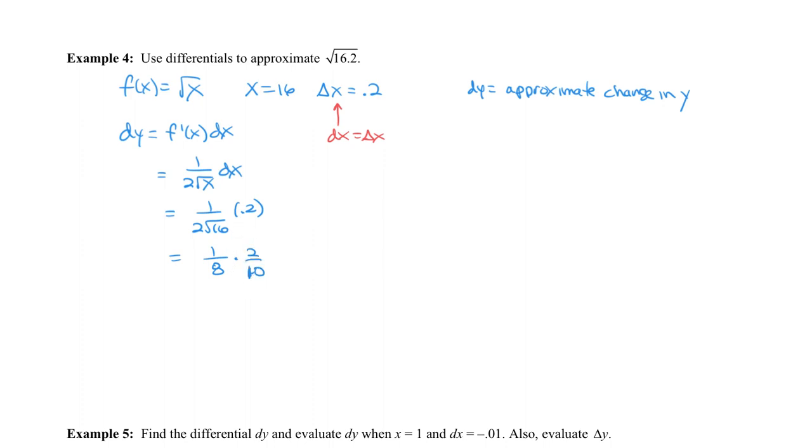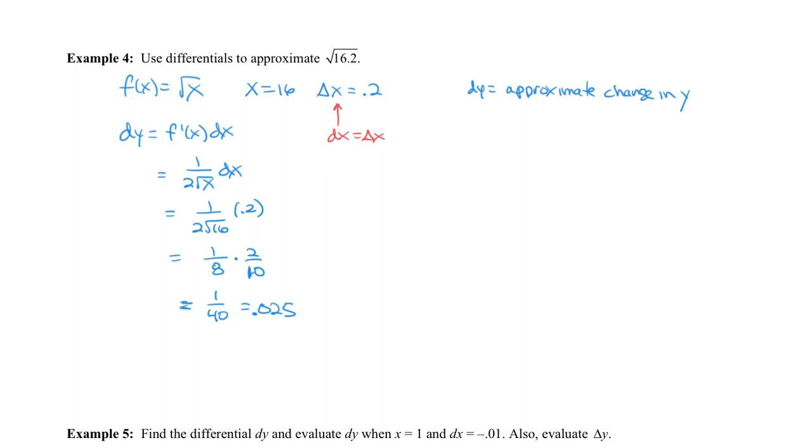Then we can multiply these two together and get 2 over 80, or 1 over 40. Okay, and just think of, if this said 1 over 4, we'd say 0.25. So 1 over 40 is going to be 0.025. So remember, we're finding the approximate change in y as x changes by 0.2 from 16 to 16.2.